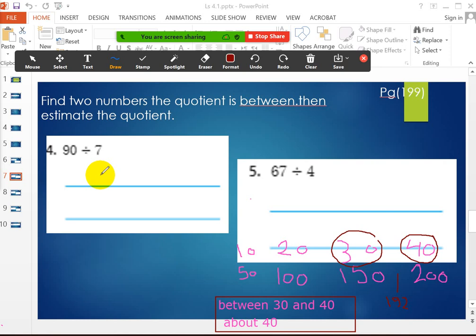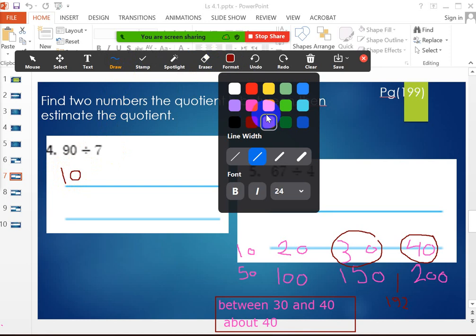So the same thing, I will start my multiplication. Look, this is a tens number divided by 7. So what I have to do here, I have to start the counting numbers from 10, right? I will start the counting numbers from 10.